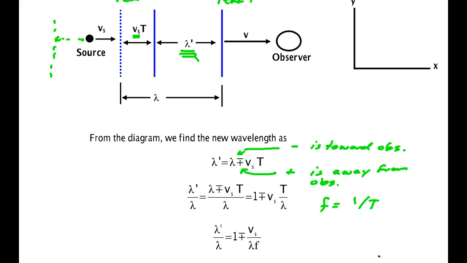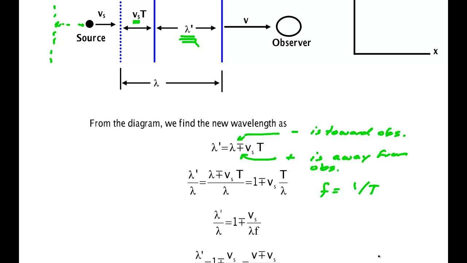And that time we're talking about was the original time between peaks, so that puts the f on the bottom here. But wavelength times frequency is the speed, v, of the wave. So we get 1 minus or plus the source speed divided by the speed of the wave. And if you want to find a common denominator, we get the speed of the wave minus or plus the speed of the source, divided by the speed of the wave.